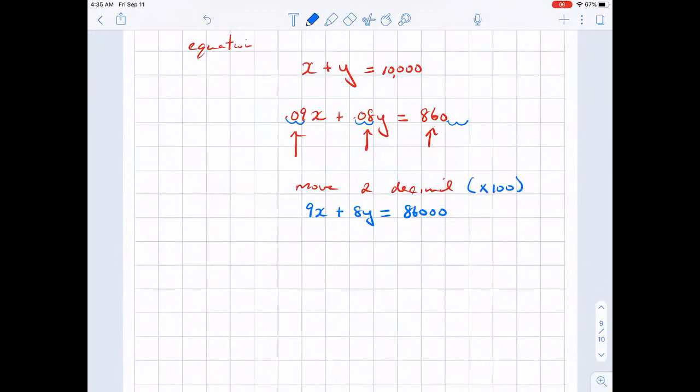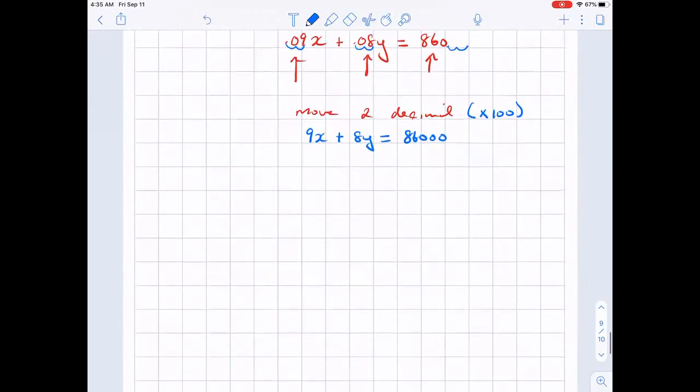So our 2 equations are x plus y is equal to 10,000, and our second equation that we just obtained is 9x plus 8y, and that is equal to 86,000.